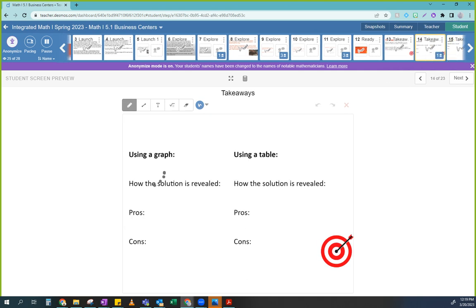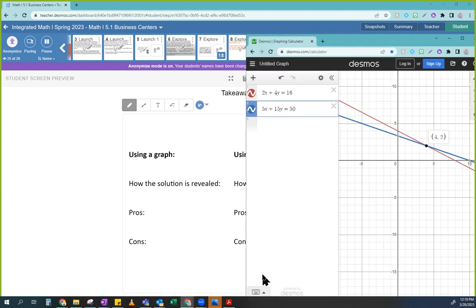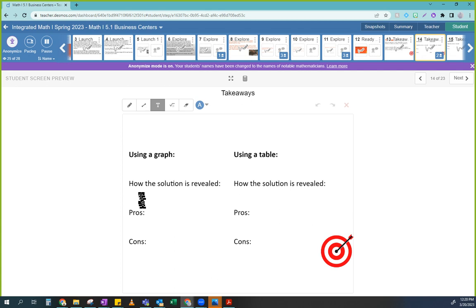So when we're using a graph, reminding you, when we looked at this graph, where do you look for the solution? The point in which both lines intersect. Good. Point of intersection, right?